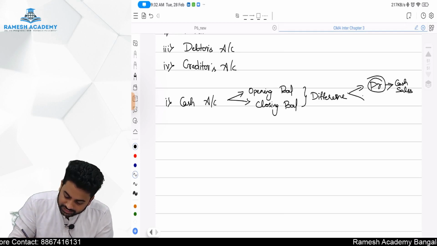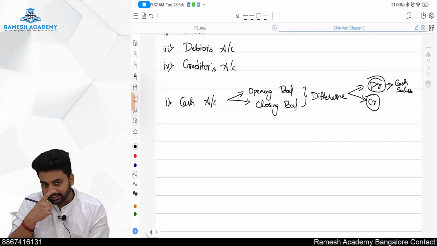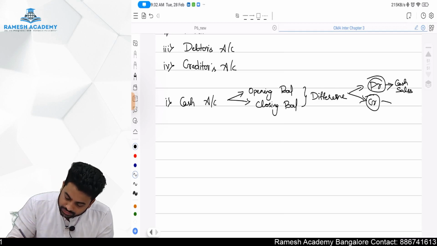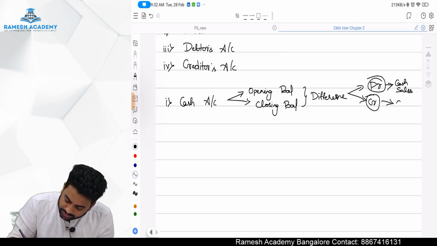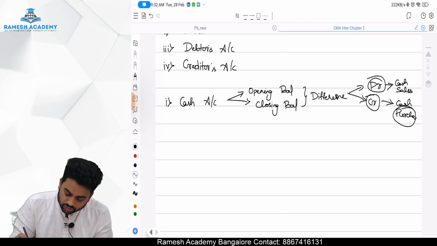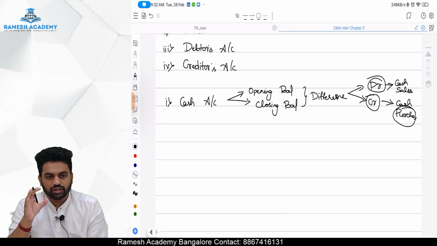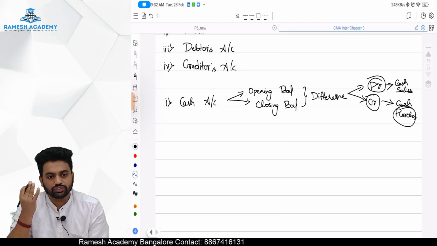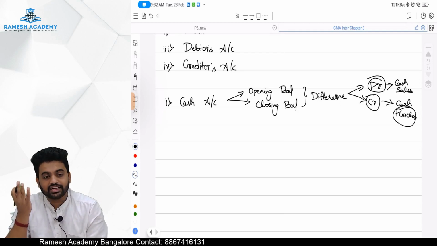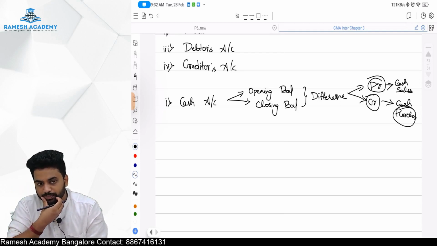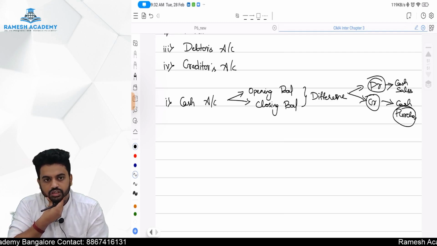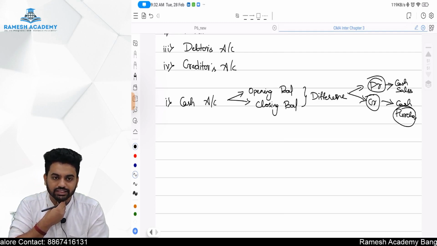If it's a credit difference, then usually it will be cash purchases. So using the cash account, in many questions we can find out cash sales or cash purchases depending upon which side we are getting a balance.